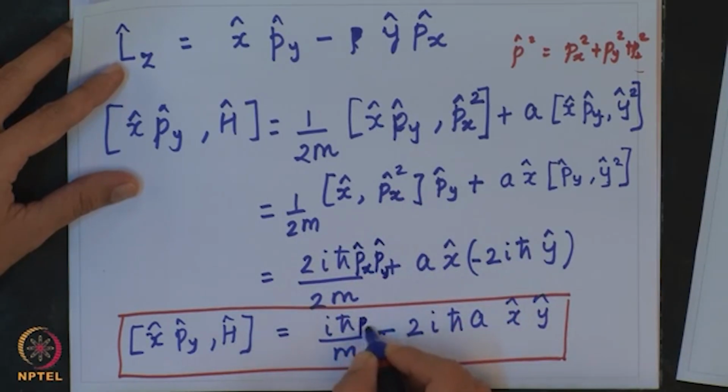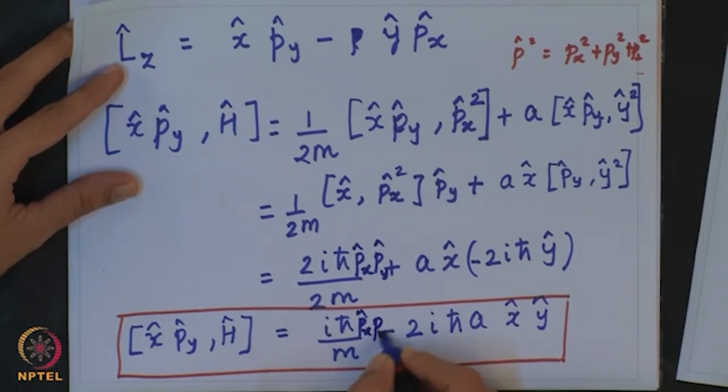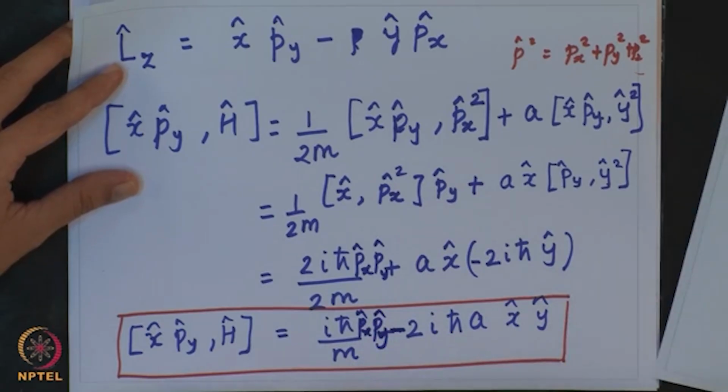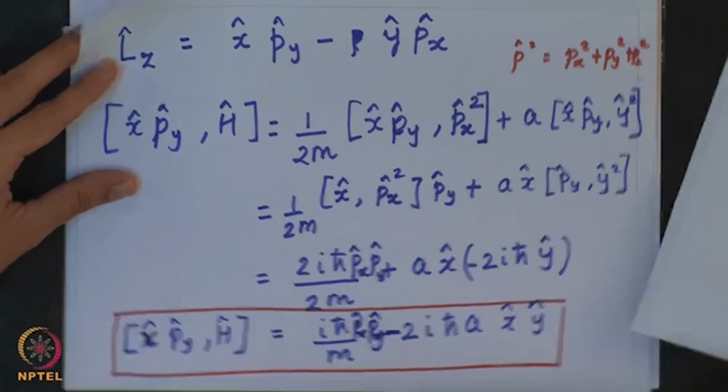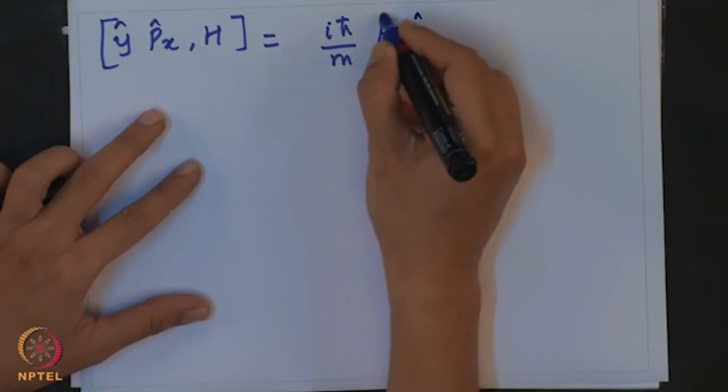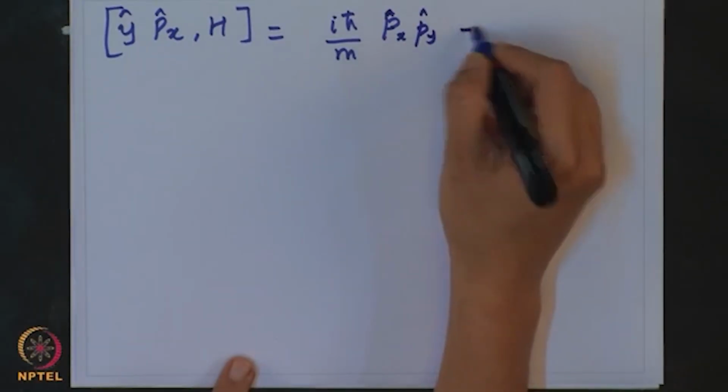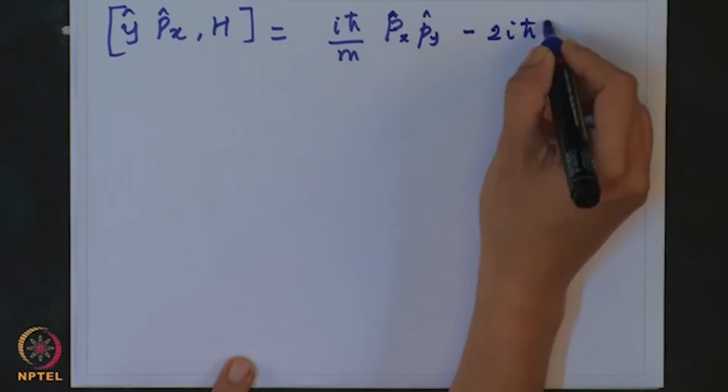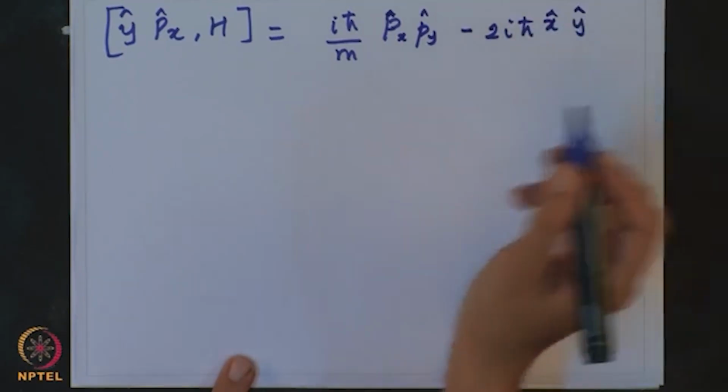So, the commutator of ypx with the Hamiltonian gives px py, and you will get a similar contribution i h cross x cap y cap.